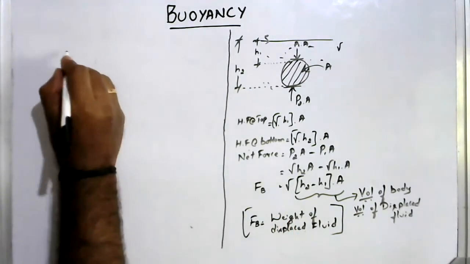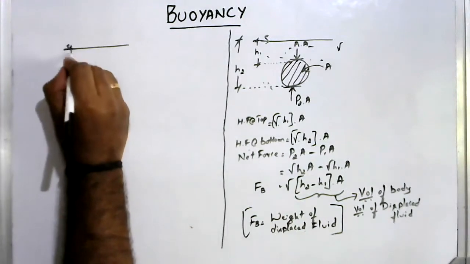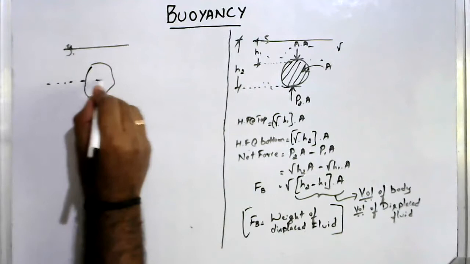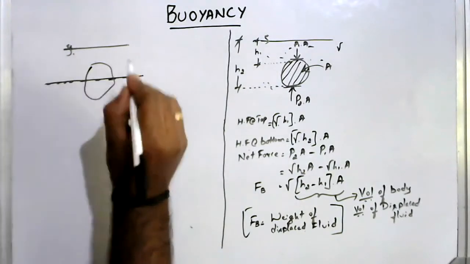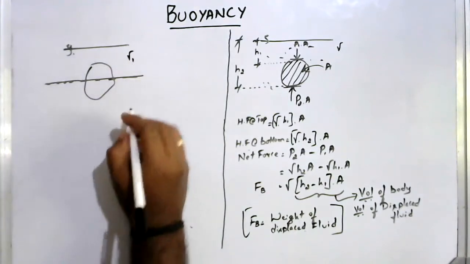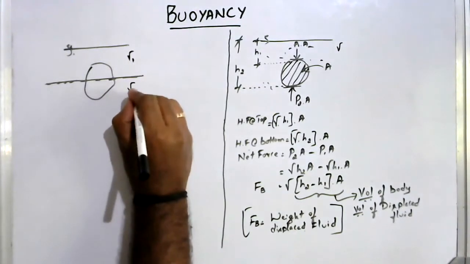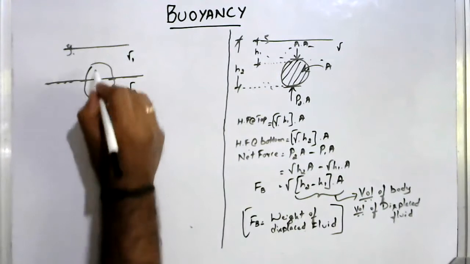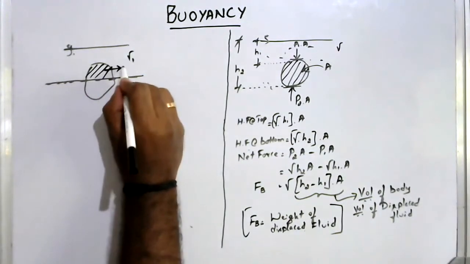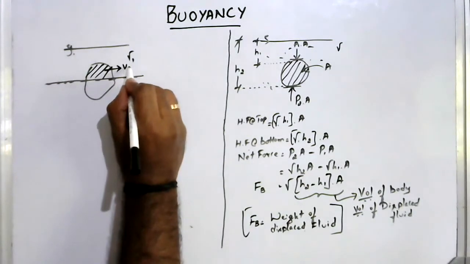Now let me take one more case where the body is immersed in liquids of different densities. The specific weight, I'll take it as gamma 1. Here I'll take it as gamma 2. This is the volume which is immersed in liquid 1, I'll take it as V1.